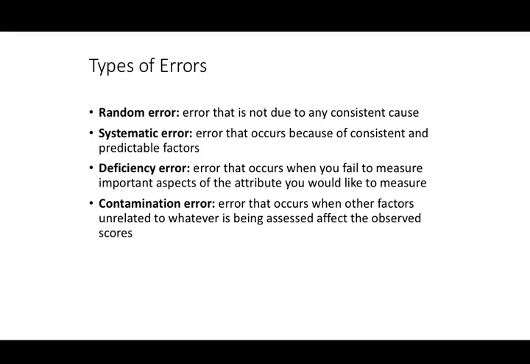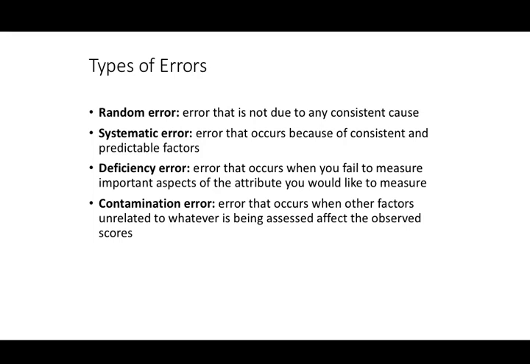You can also have deficiency and contamination errors. A deficiency error means that there are some aspects that you are not measuring, so your measure is deficient of what should be in a particular measure. So you might be missing something. Particularly if you have a measure that only measures one aspect of a job when a job is actually multidimensional.